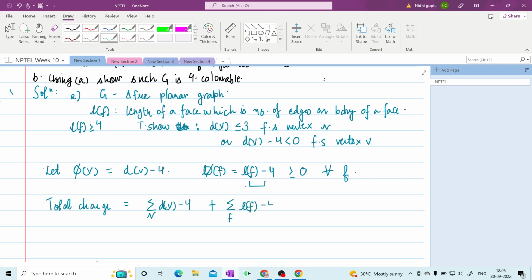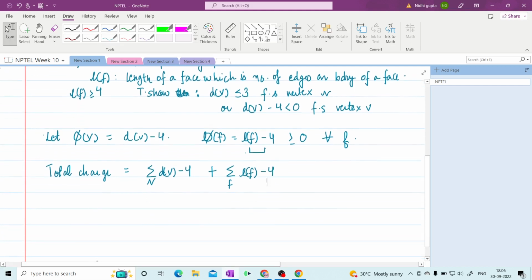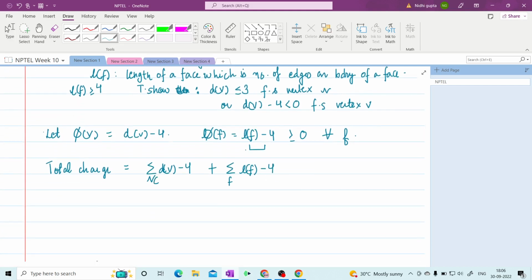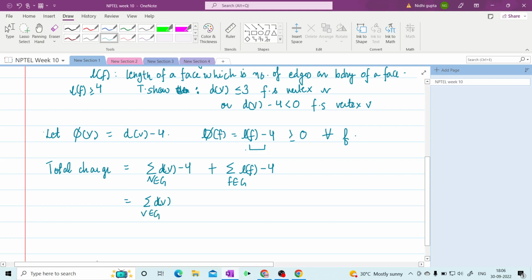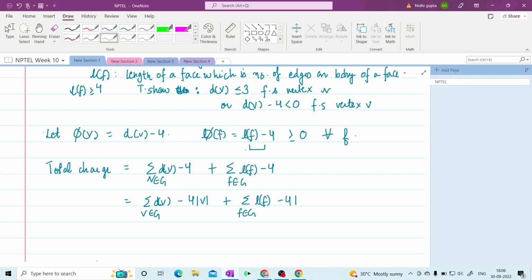Now let's open this up. We get the sum of dv over v in G, minus 4 times the number of vertices, plus the sum of lengths of faces minus 4 times the number of faces.